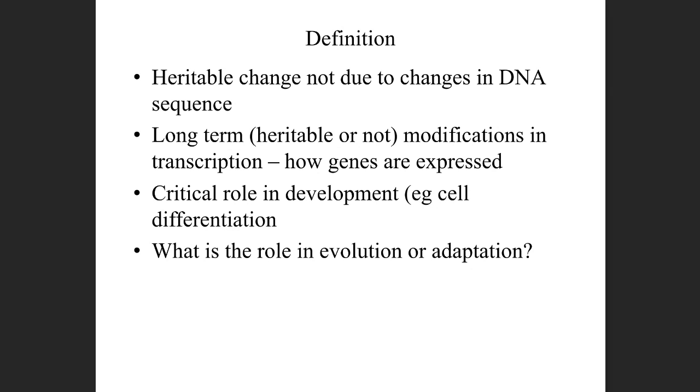So how is that? Well, there are modifications in transcription, how genes are expressed. This is something that in some ways we always knew. In other words, our bodies are composed of highly differentiated cells that are all identical in DNA, right? That wasn't what people expected before they understood how genes are organized.